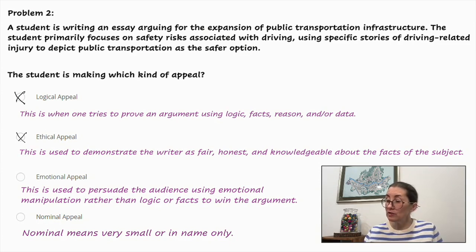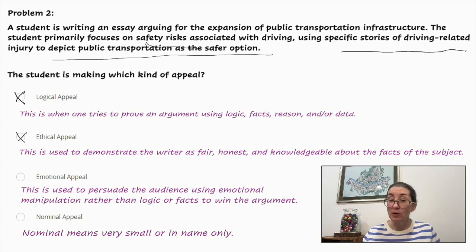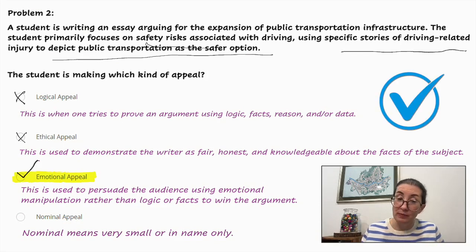So here the student is focusing primarily on safety risks, stories of driving-related injury, in order to depict public transportation as a safer option. So they're telling stories, anecdotes. It's not an argument based on information, facts, data. So it is, in fact, an emotional appeal.